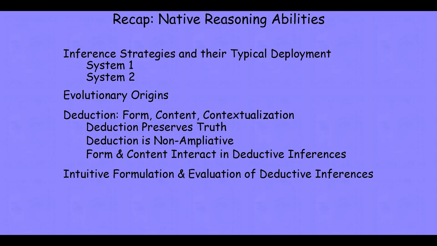Finally, we'll look at our intuitive capacity to formulate and evaluate deductive inferences, focusing in on the fact that this capacity is, as consistent with System 1 strategies, highly contextualized.